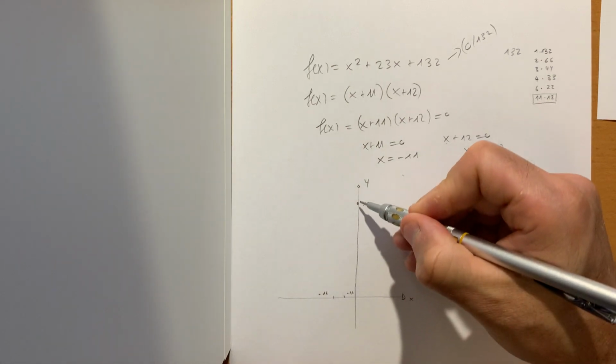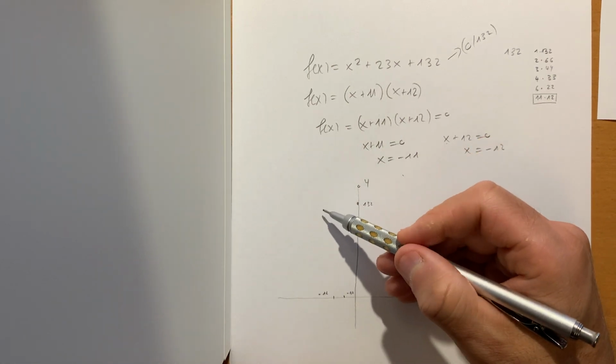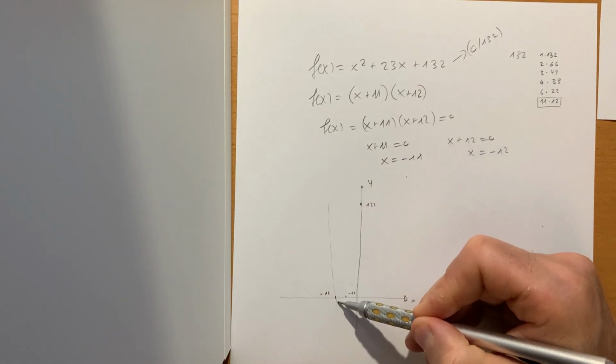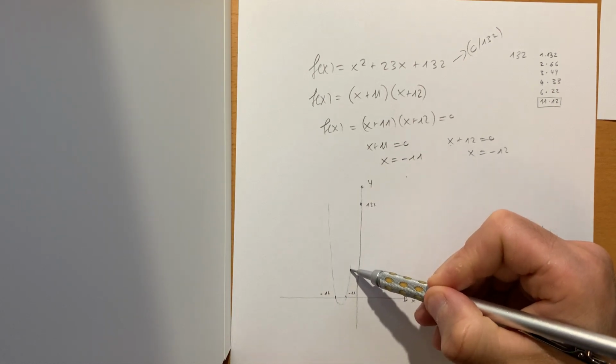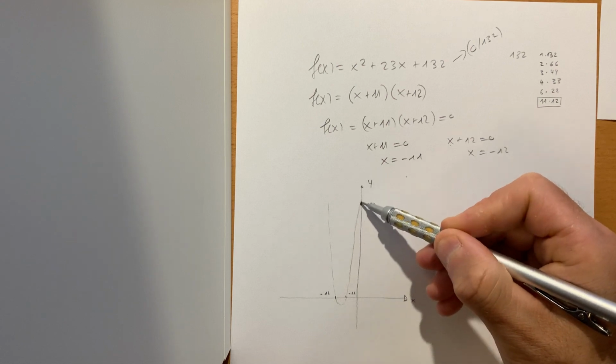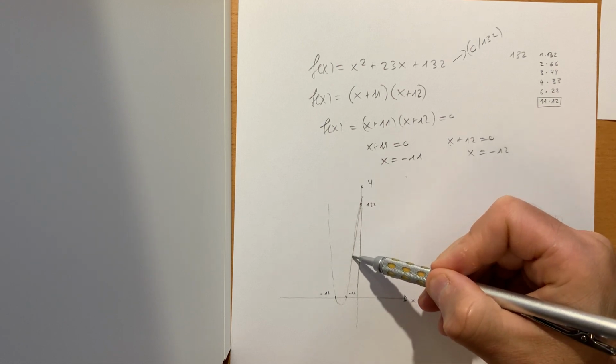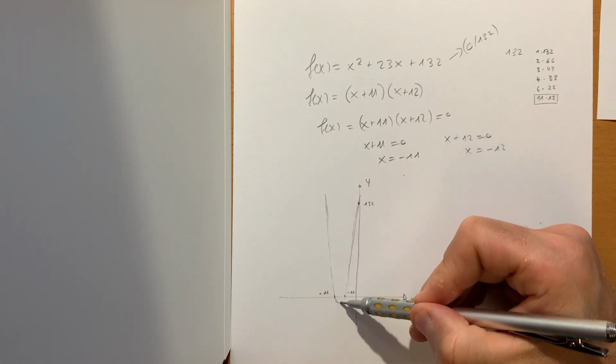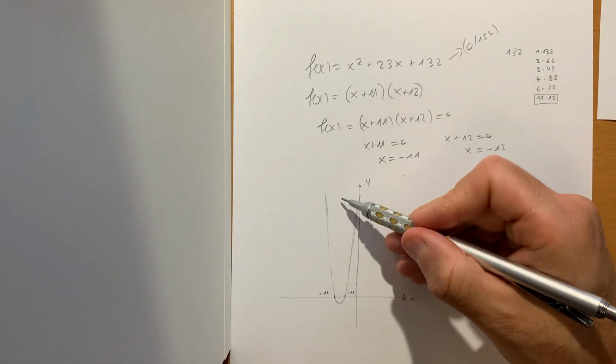And then it would be something like this. It would probably be something like this, a nice and rounded shape.